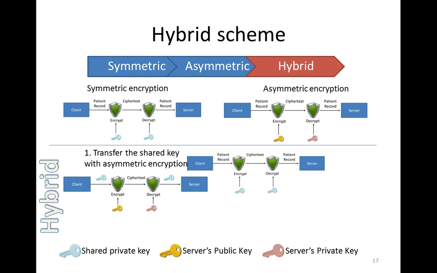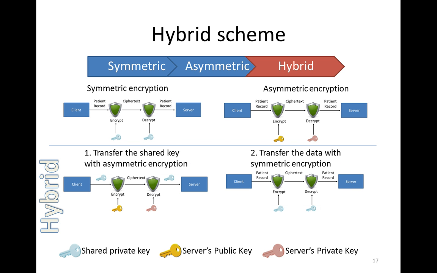After we have done that, we go to the symmetric encryption solution. The second step is exactly the same as symmetric encryption. We take the patient record, because now the two parties have the same shared symmetric key they can use to encrypt and decrypt.